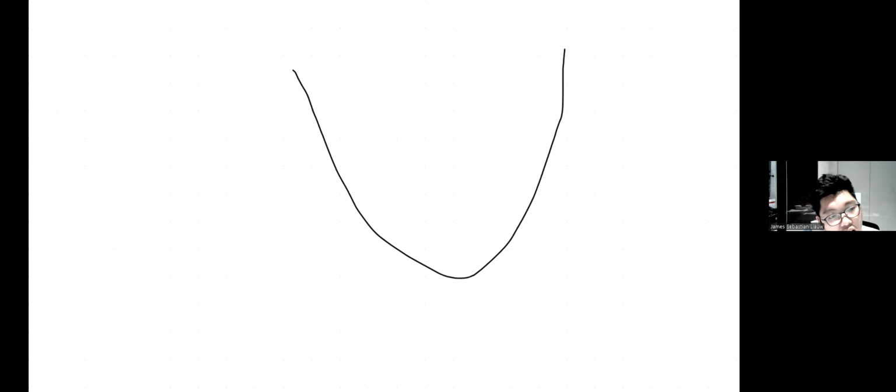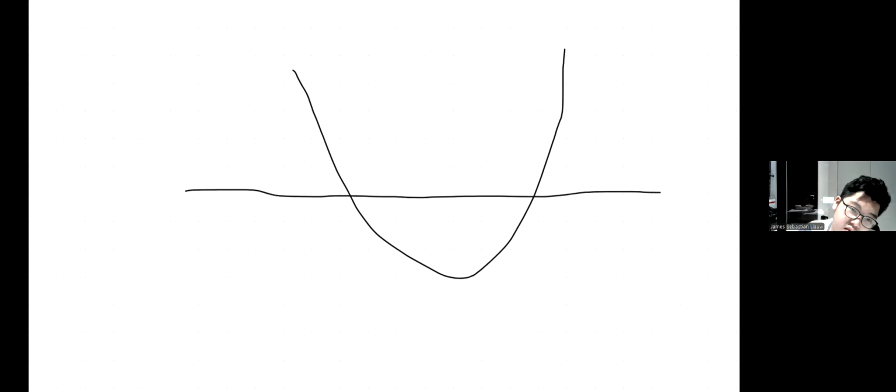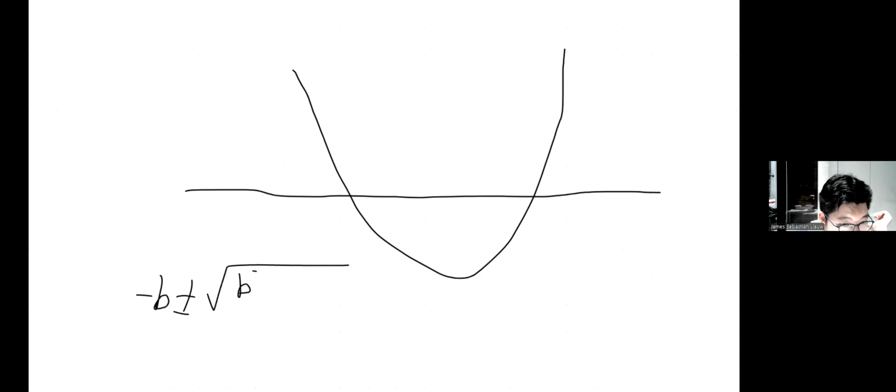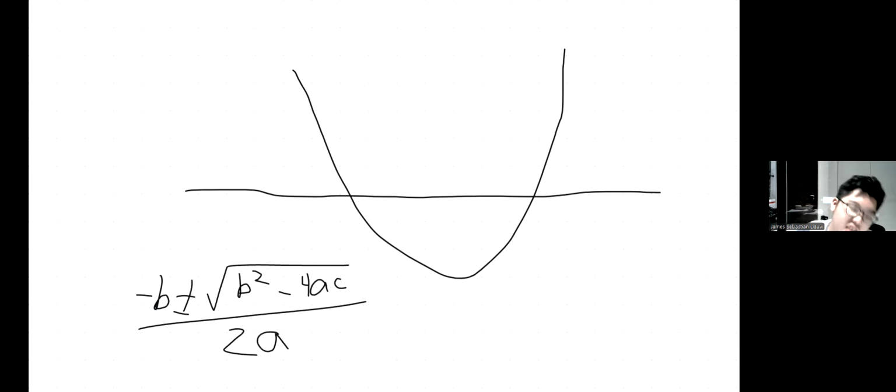The simplest version is with the x-axis actually, and this actually gets itself from the quadratic formula. So minus b plus minus root of b squared minus 4ac, all over 2a.